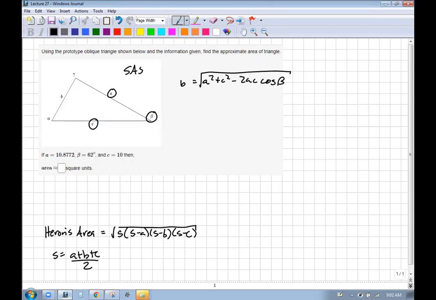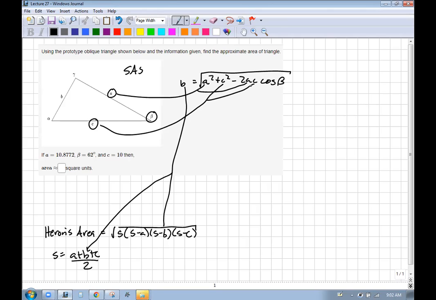Once you know B and we have A and C, we just plug them in here, and then you have the area. Any questions about that? We know A, we know C, and we know beta.